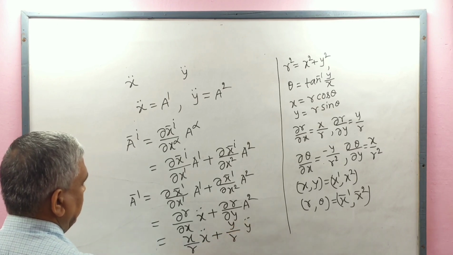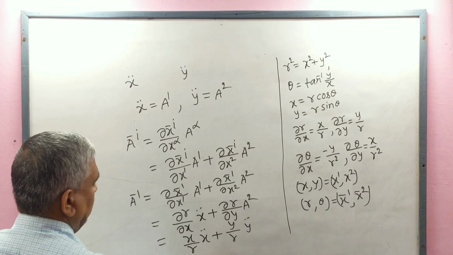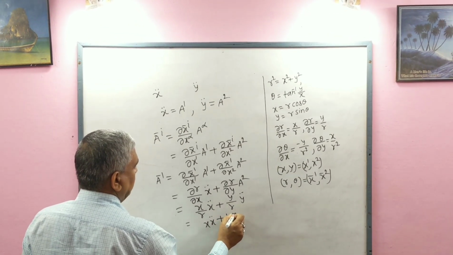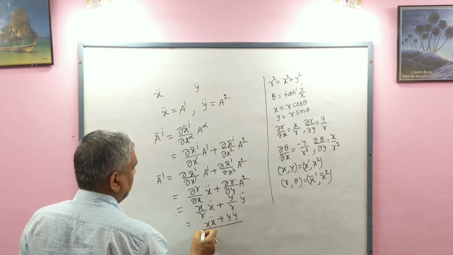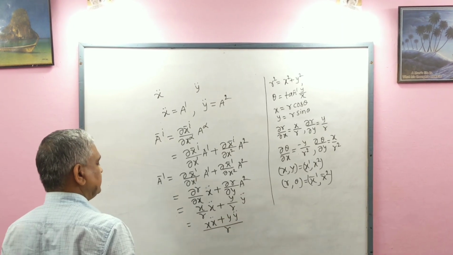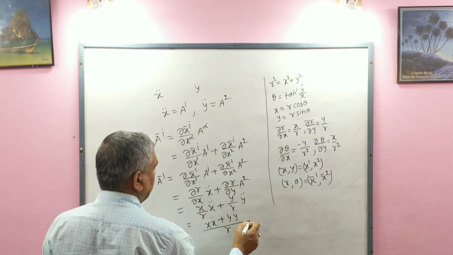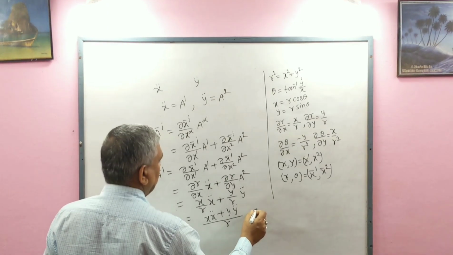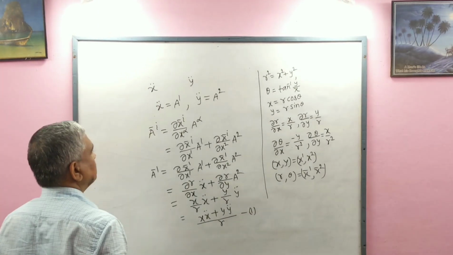So this is x x double dot plus y y double dot, all over r. Let this be equation number 1.